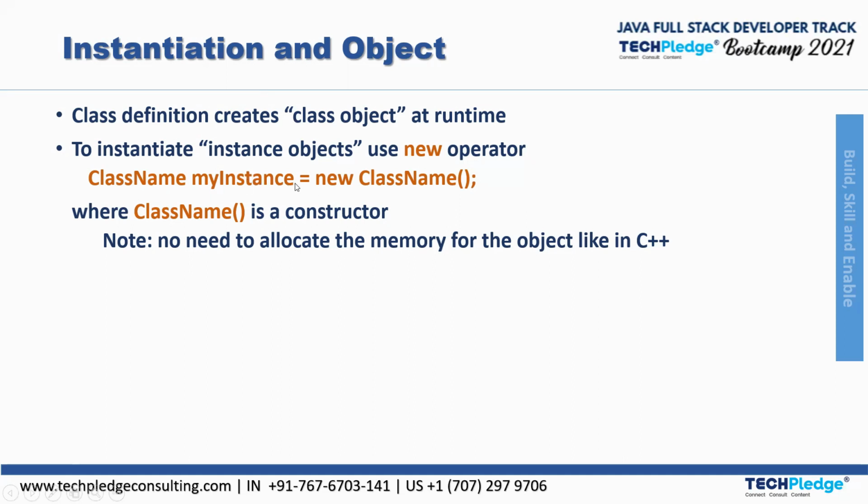Instead of my instance, in our case, it would be Maruti, equal to new, and suppose you want Swift Dzire, you write Swift Dzire, class name, brackets, semicolon. That way, within the class Maruti, another new class is created under it, that is Swift Dzire. So you're creating an instance of the object. This is how you do it.